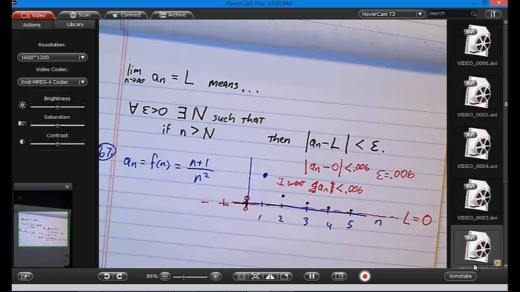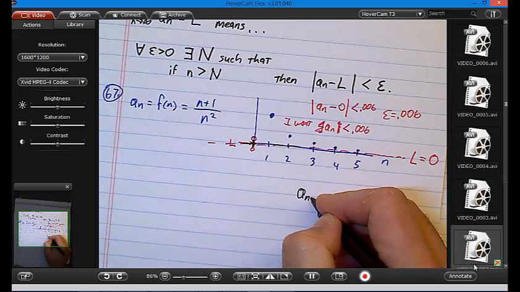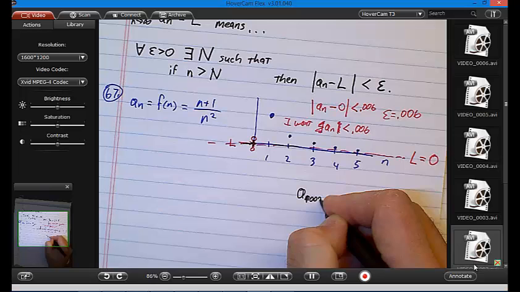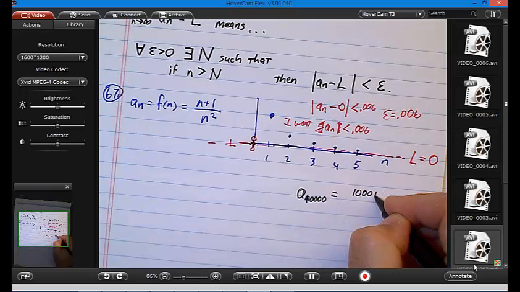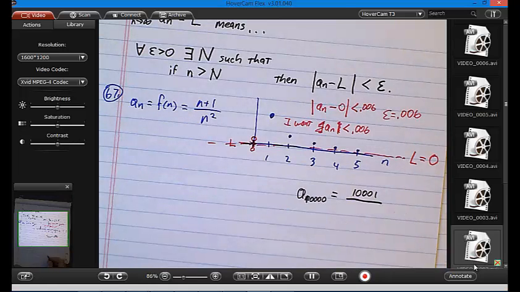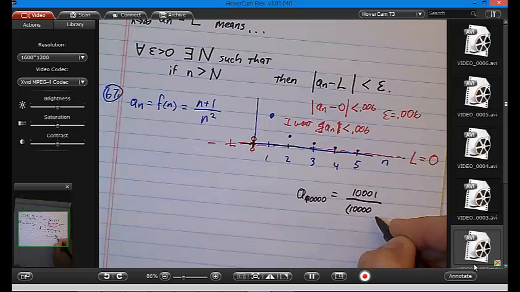10,000. Wow. So let's see what a 10,000 is. It would be 10,001 divided by, well, 10,000 with 4 more zeros is 10,000 squared.